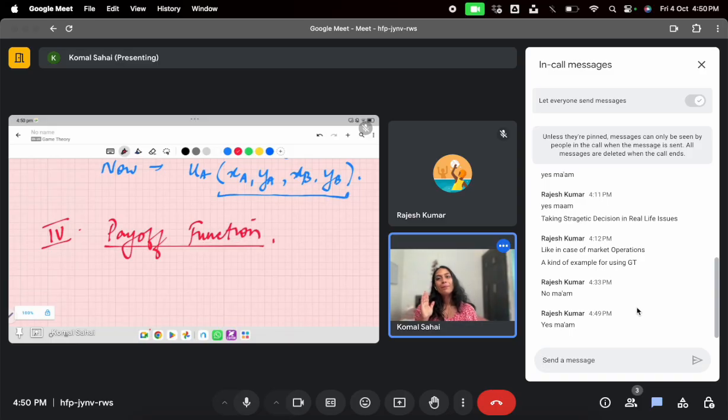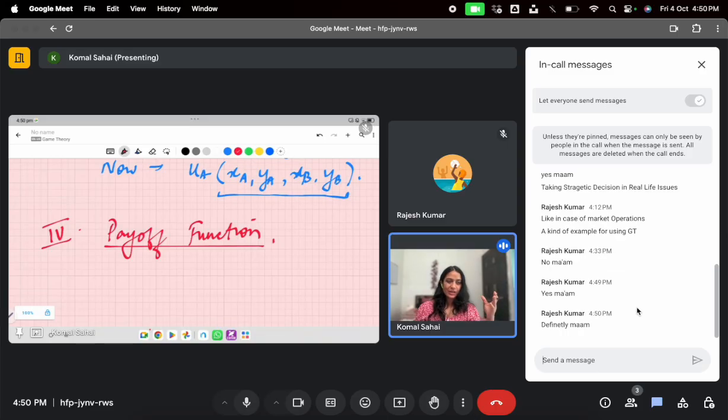Right? So a payoff function is nothing but a utility function. You have done utility functions in your micro course, when they take particular functional forms, like Cobb-Douglas, utilitarian, or perfect complements.